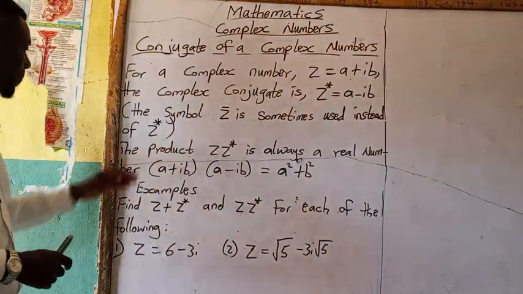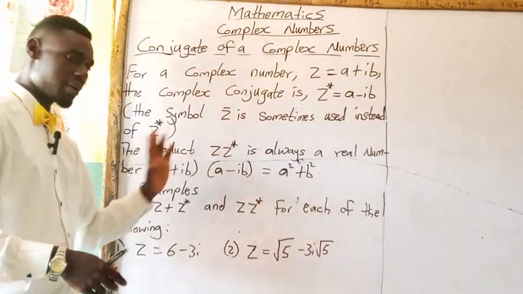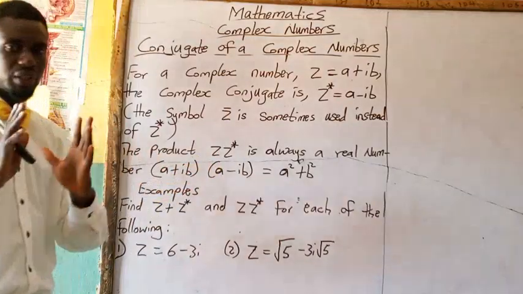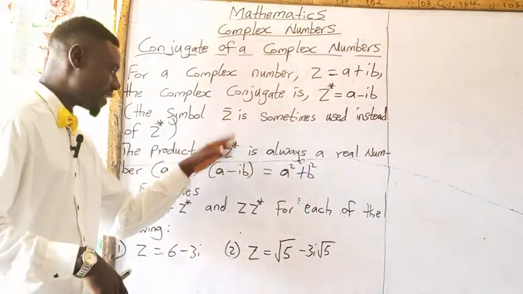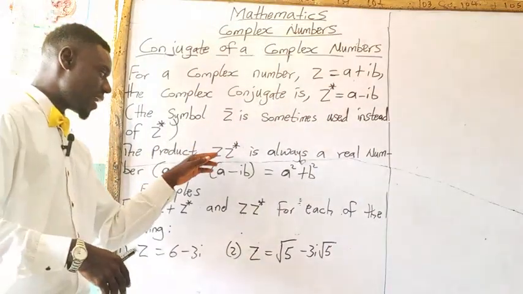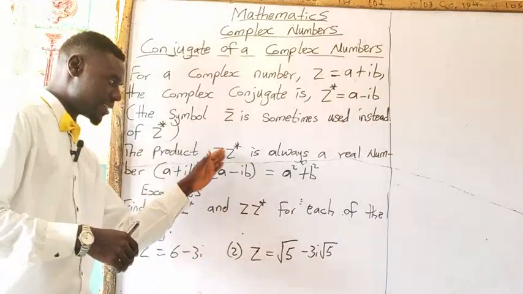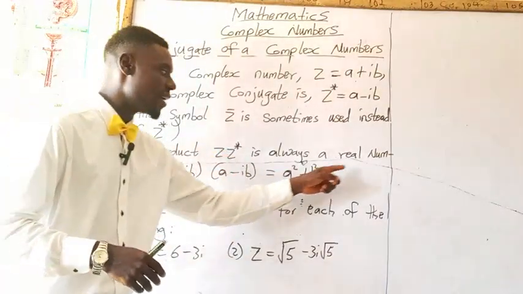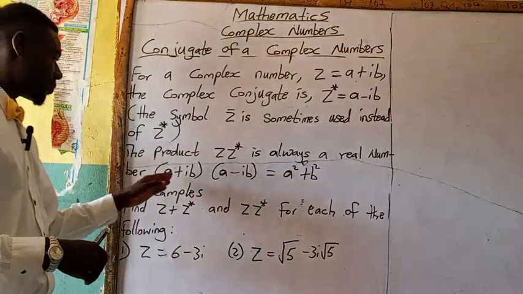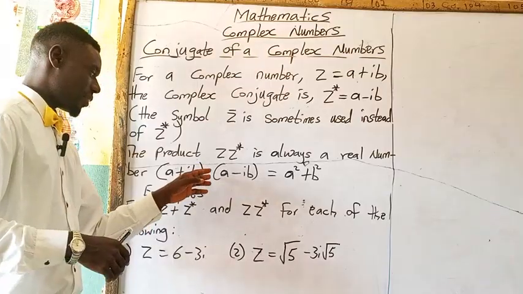Okay, let's go further. Now, they said we want to find the product of Z. Remember, this Z is the original question they will give to you, while this Z star is the conjugate. So if I say Z times the conjugate of Z, it's always a plus ib, times a minus ib.